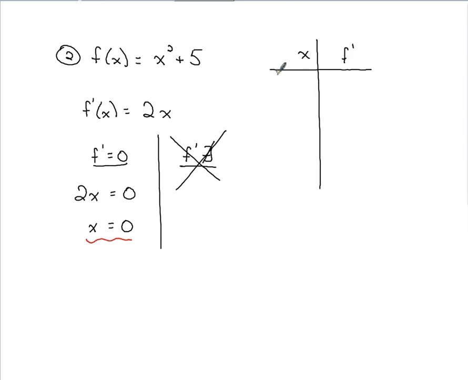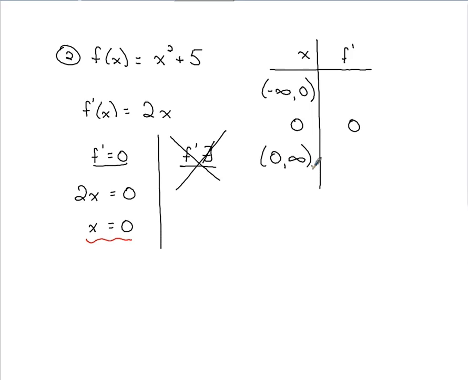On the x side of things, we're covering all the x's. So we start at negative infinity and work our way up to 0, our critical number that we found. We pause at 0, and we appreciate that at 0 the value of the derivative is 0, right? Because that's how we found 0 in the first place. And then we continue on from 0 to infinity to cover the rest of the x's.